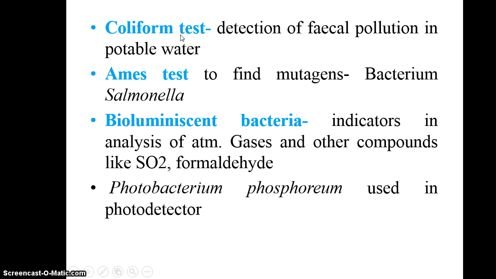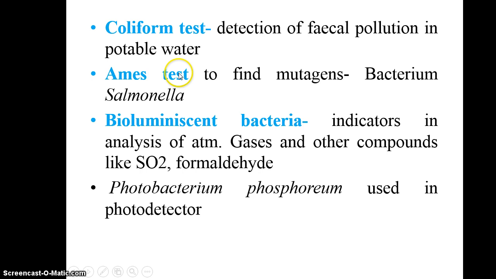Other examples are like the coliform test. In the coliform test, the coliform bacteria are used to detect the fecal pollution of potable water. In water pollution, you must have studied that fecal matter is one of the sources of water pollution.